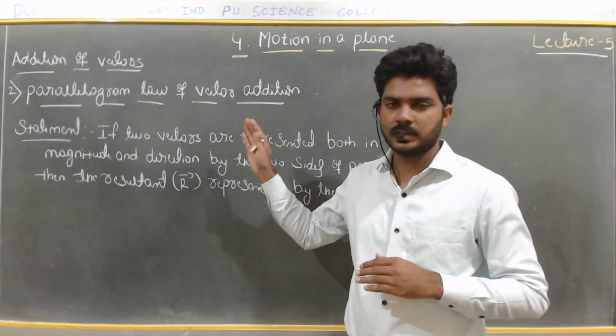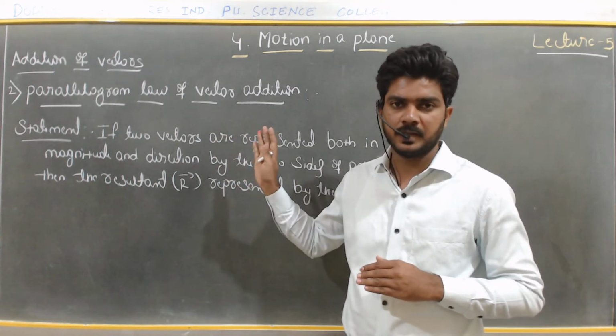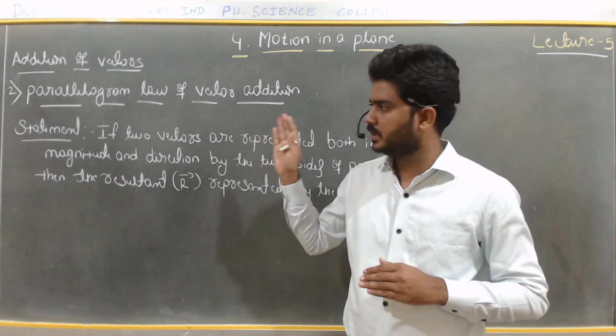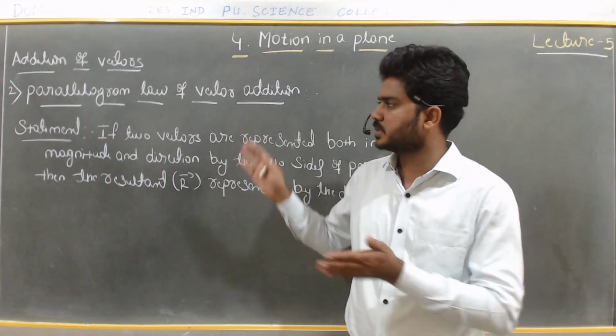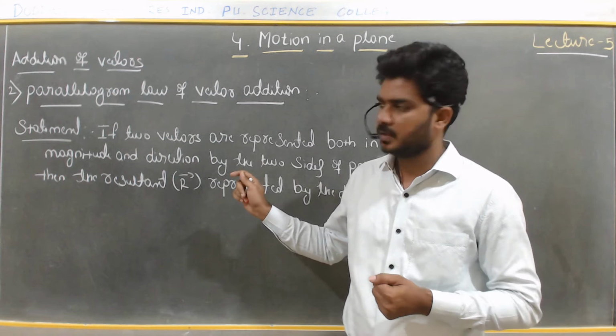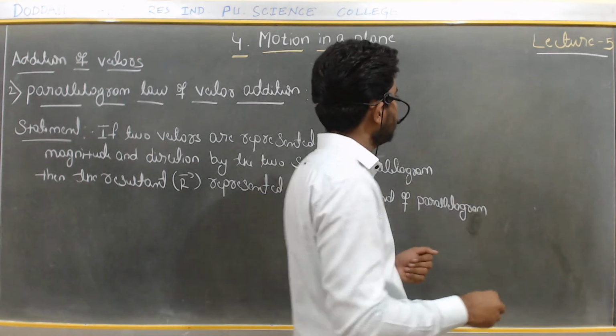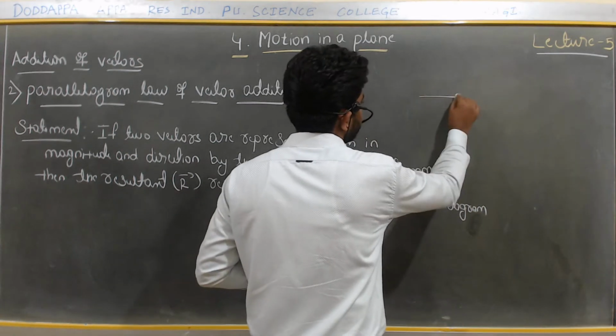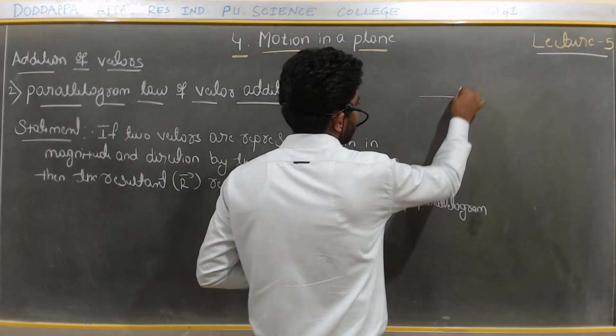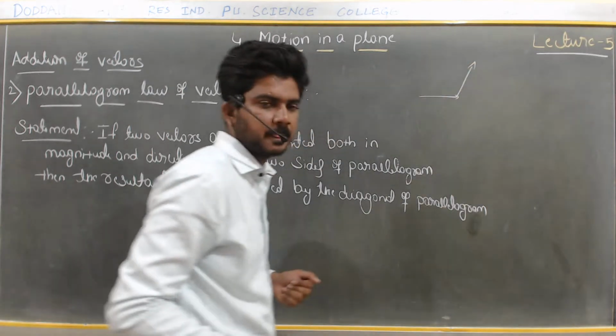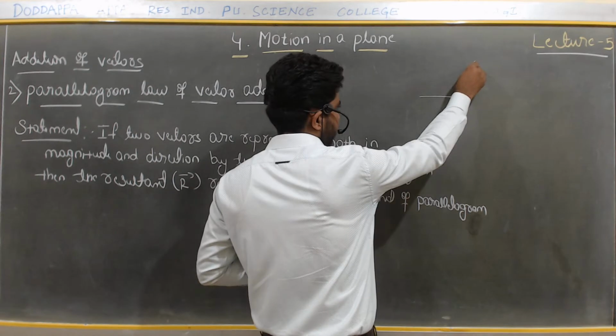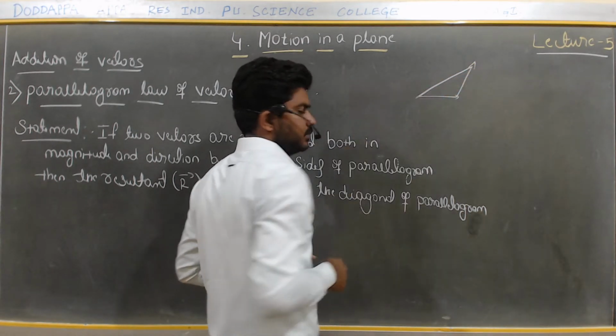So here also the same thing will go on. Just as we have done in the triangle law of vector addition, the same will take place here also. In the triangle law of vector addition, simply we take two vectors and make a triangle.